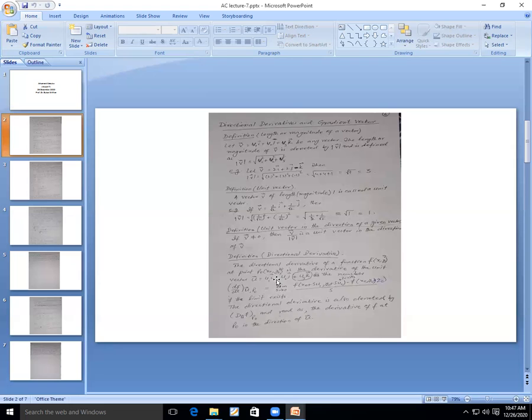Another notation for the directional derivative is capital D, that is, D sub u of f at the point P naught, and it is read as the derivative of f at P naught in the direction of this unit vector u.